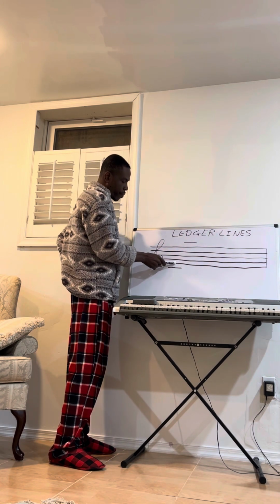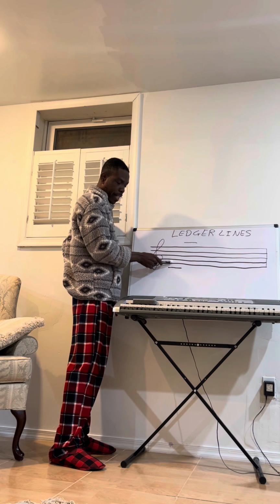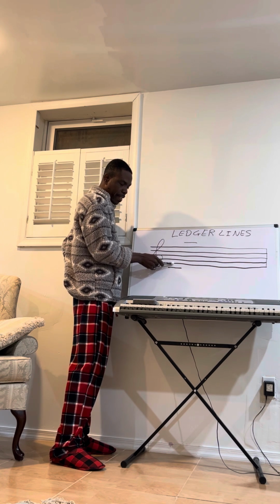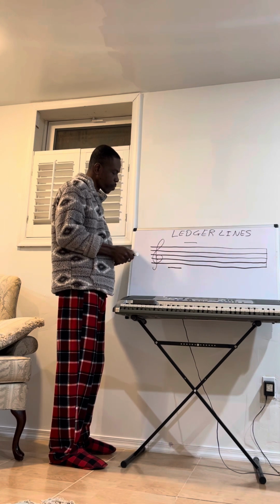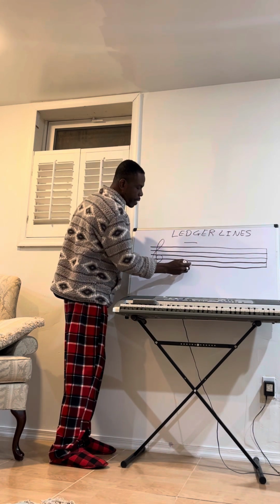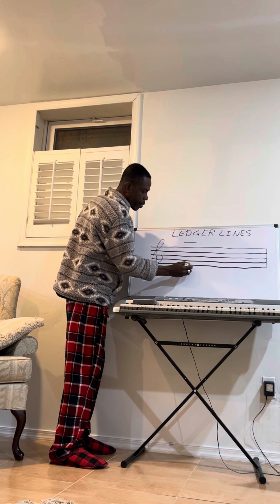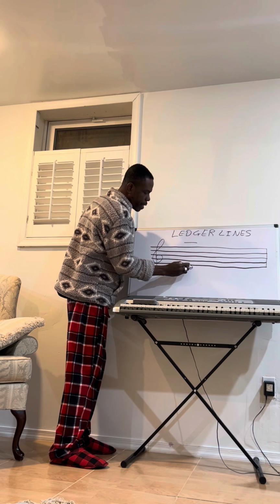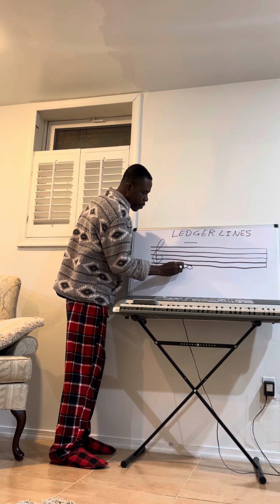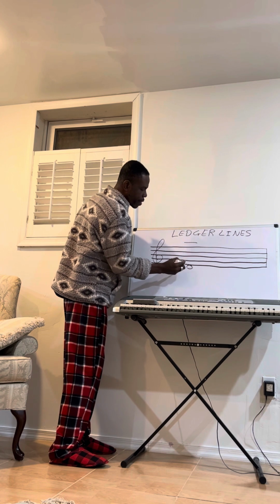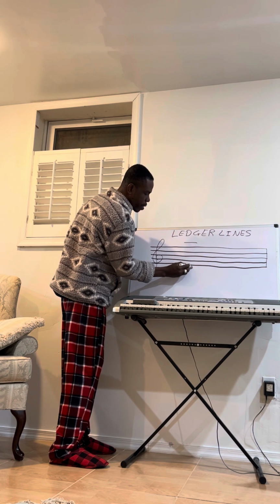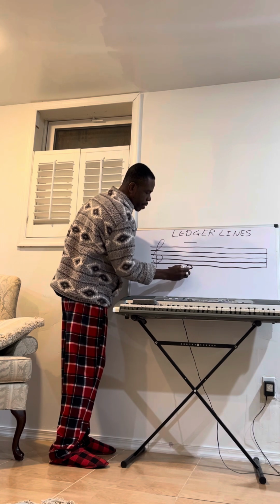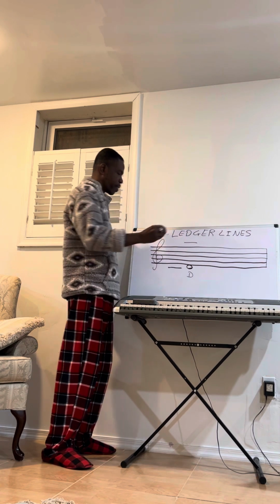If the first line is E, then just under that would be this note, D. If you're using your alphabet and you're descending, you're going backwards from E, that gives you D. Isn't that right? Yes.